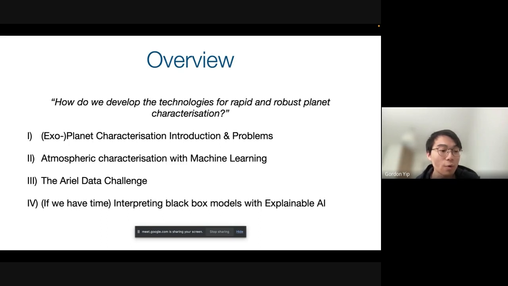I'll start off with a very high-level introduction to exoplanet characterization. What are the problems? What do we do to characterize these exoplanets? Second, how do we use machine learning to characterize atmospheres?